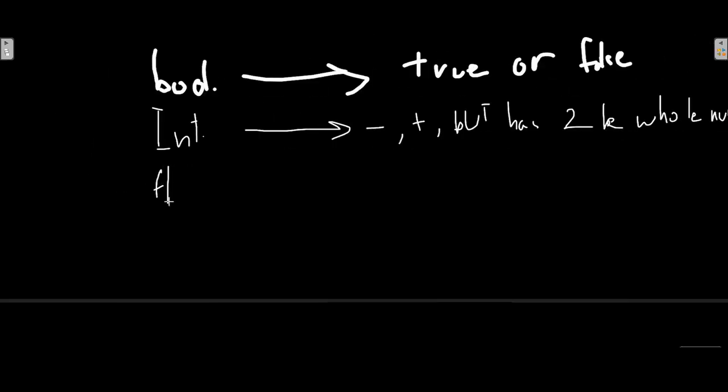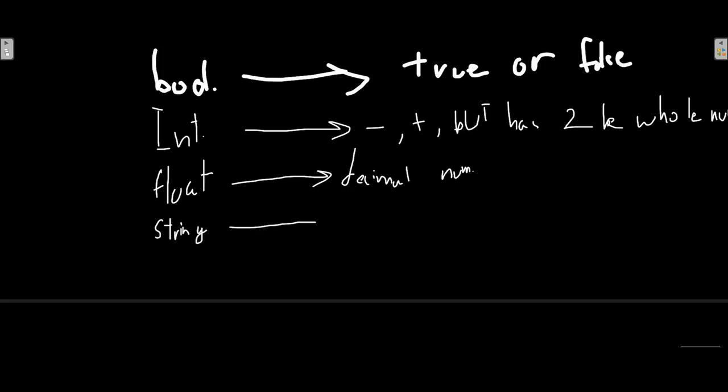A float is just a decimal number. It could be a positive number, it could be a negative decimal number. I'll call it decimal num for short. And finally, you have your Boolean, you have your integer, and then you have your string. A string is gobbledygook to a computer, but to us, that makes sense.